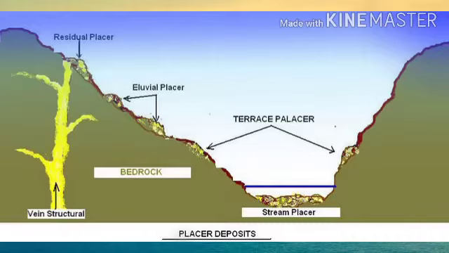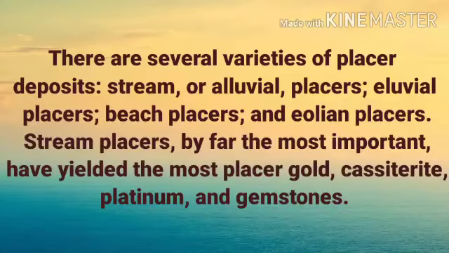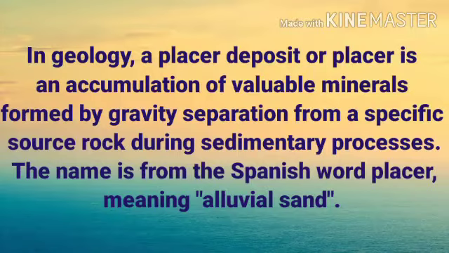If we see the next evidence of continental drift, it is placer deposits. In geology, a placer deposit or placer is an accumulation of valuable minerals formed by gravity separation during sedimentary processes.